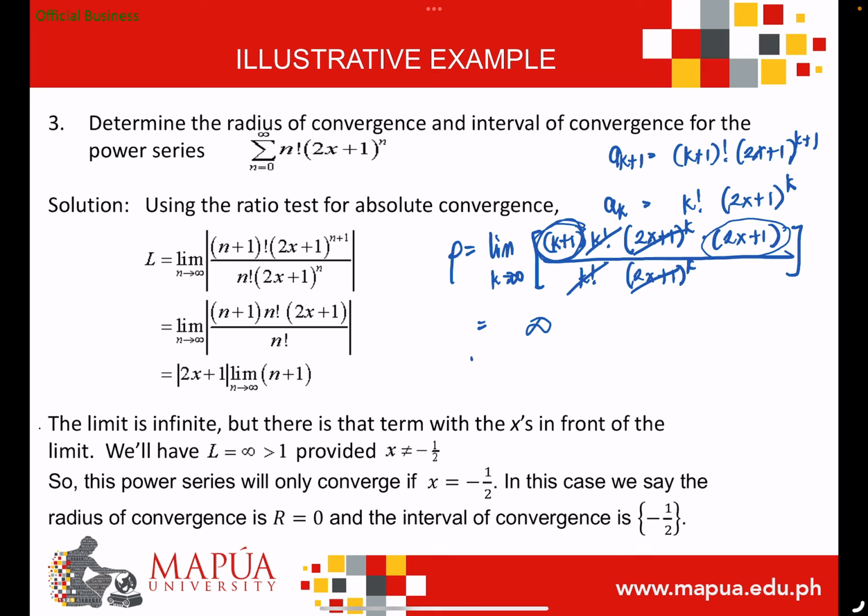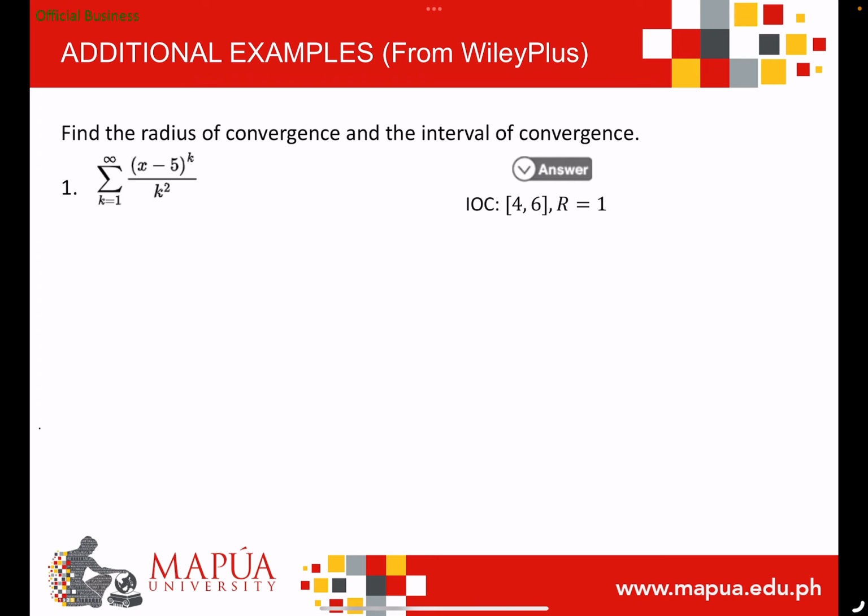It is only the center that would make this element 0. If we have 2x + 1 equal to 0, then 2x is negative 1, so x is negative 1/2. That is the center of convergence, and that's the only point where it would converge. So the radius of convergence is 0.